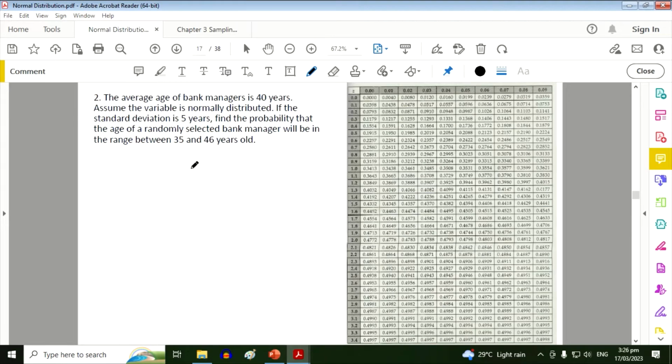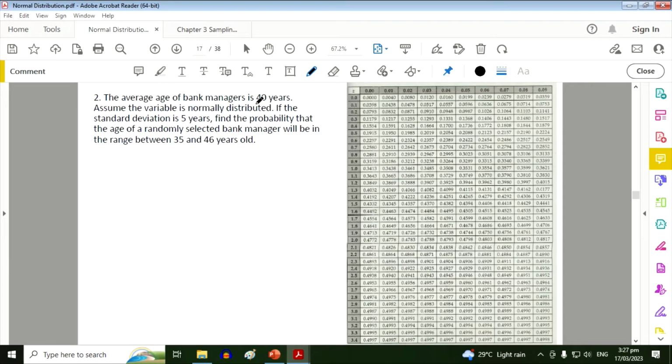Number 2. The average age of bank managers is 40 years old. Assume the variable is normally distributed. If the standard deviation is 5, find the probability that the age of a randomly selected bank manager will be in the range between 35 and 46.